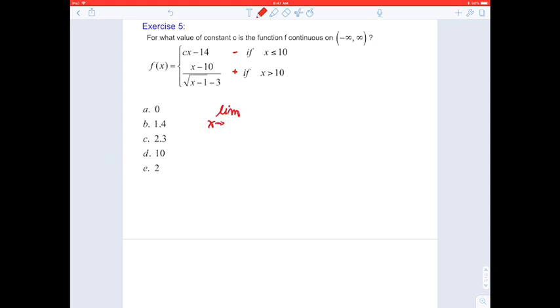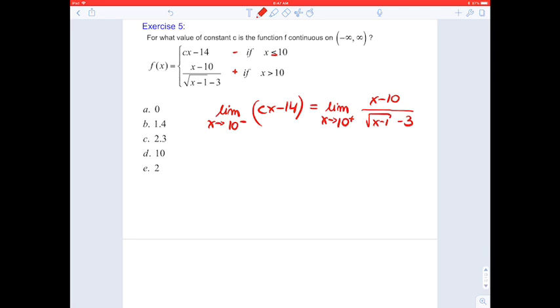Limit as x goes to 10 from the left hand side, I will use this formula, cx minus 14, must be exactly the same like limit as x goes to 10 from the right hand side, x minus 10 over square root of x minus 1 minus 3. Okay, and the value will be the same like the first one, because we have the equal sign here.